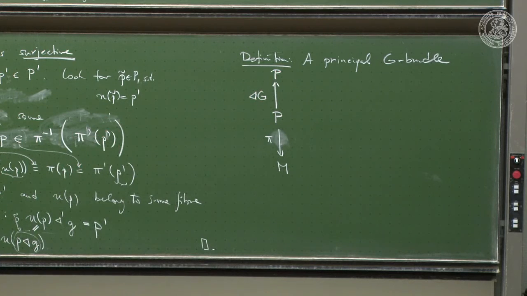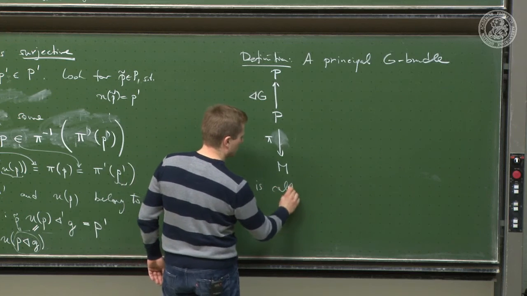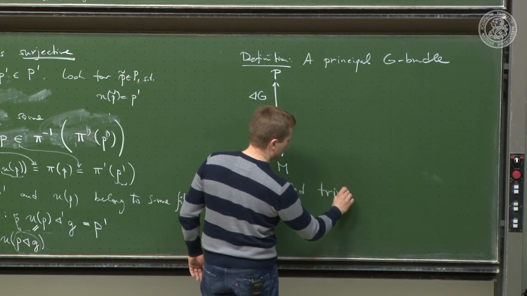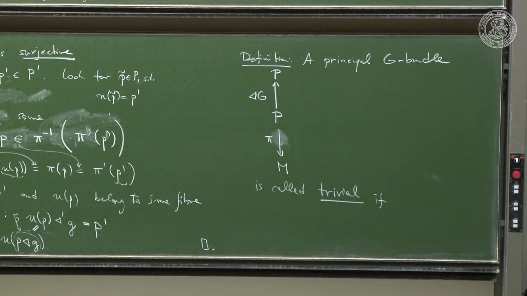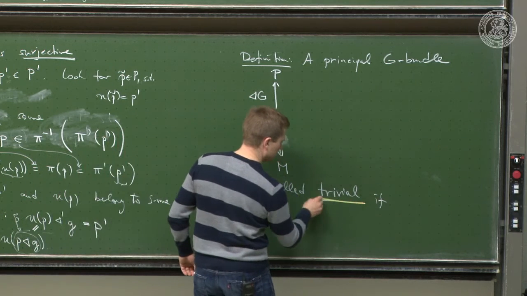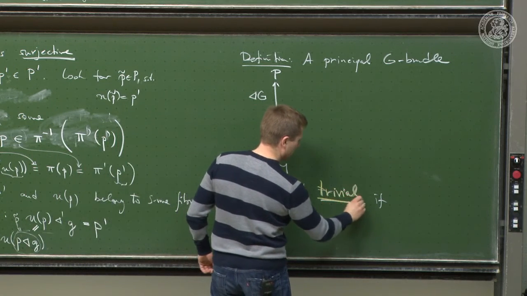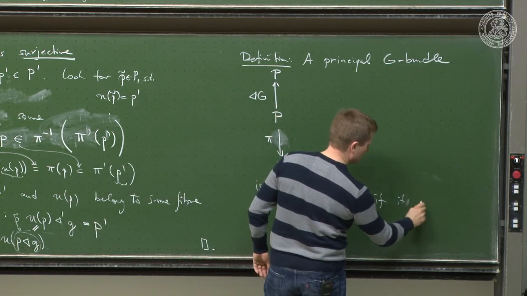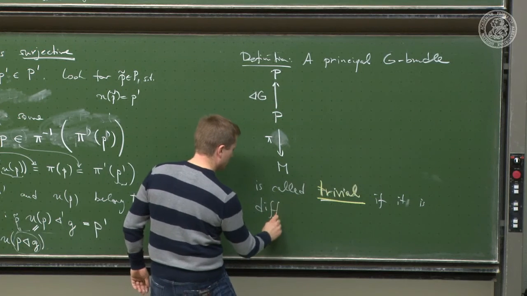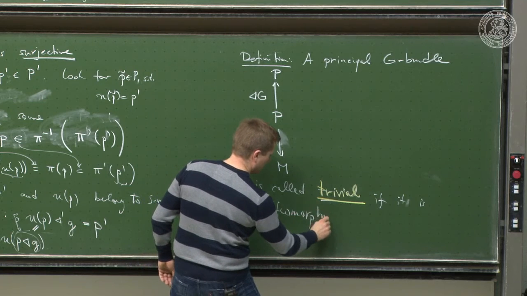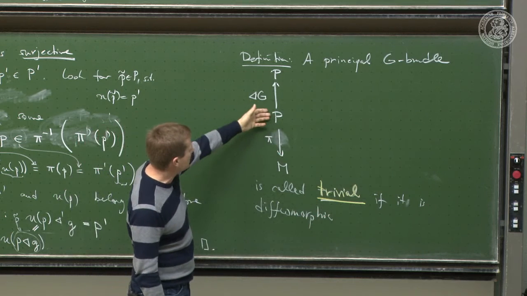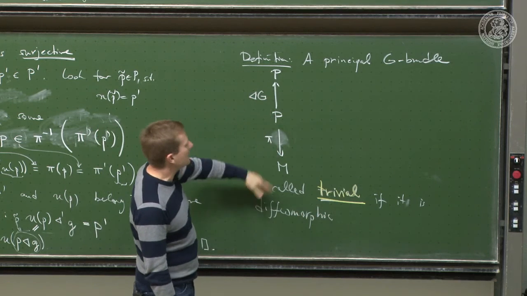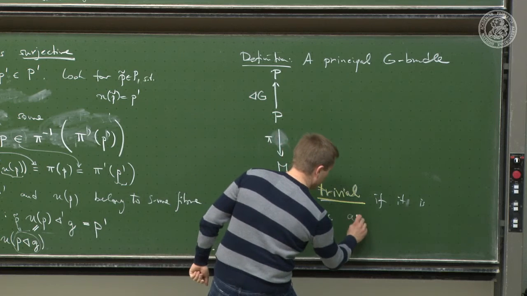A principal G bundle is called trivial if it is diffeomorphic, but not as a set, not as a smooth manifold here, the P and this, but not only as a bundle, but if it's diffeomorphic as a principal G bundle.